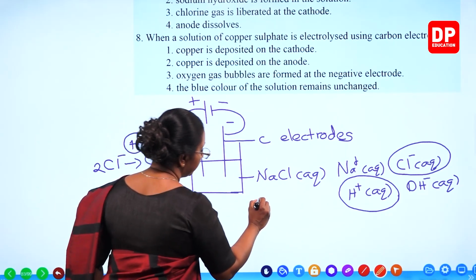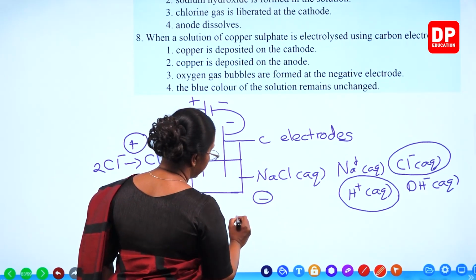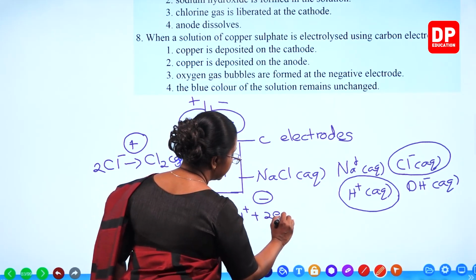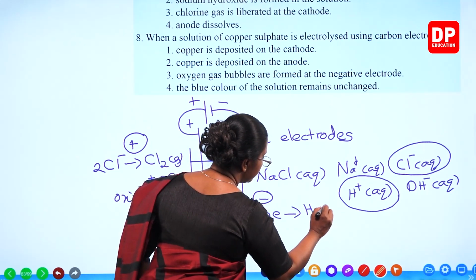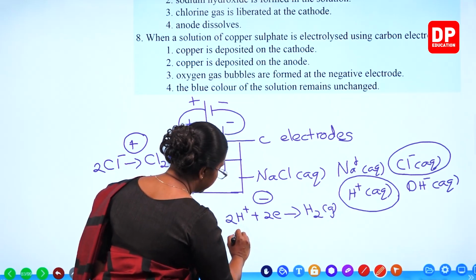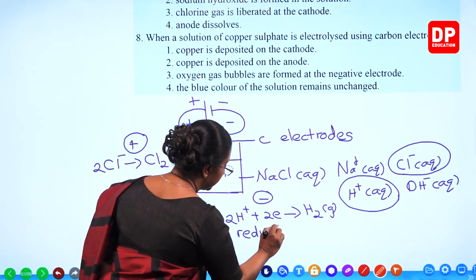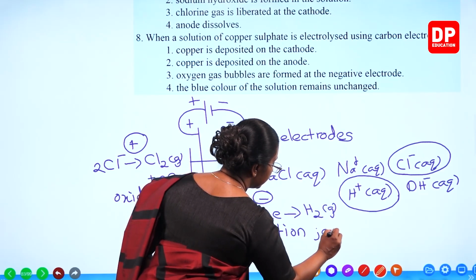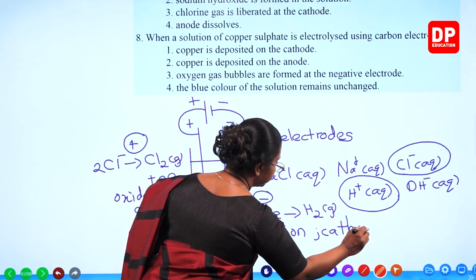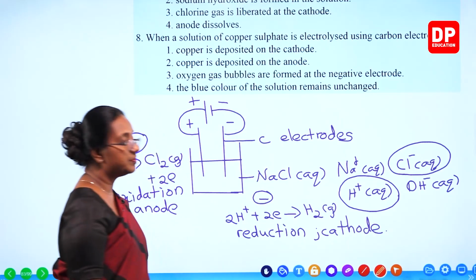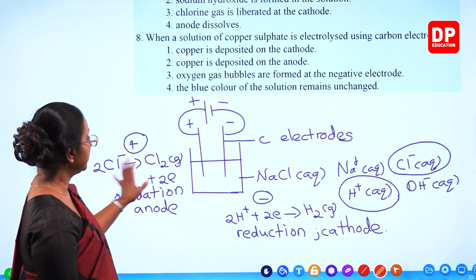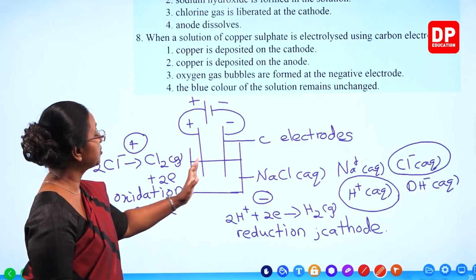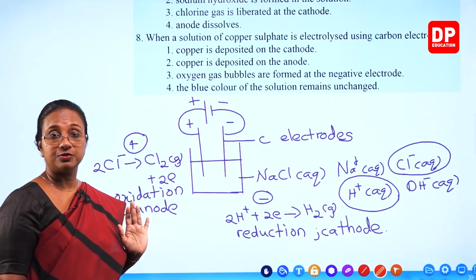At the same time, towards the negative electrode, it is the H+ ions. They take up electrons and form H2 gas. There it is reduction, and therefore the negative electrode becomes the cathode. So what are the observations there? You see gas bubbles evolving near both positive and negative electrodes.